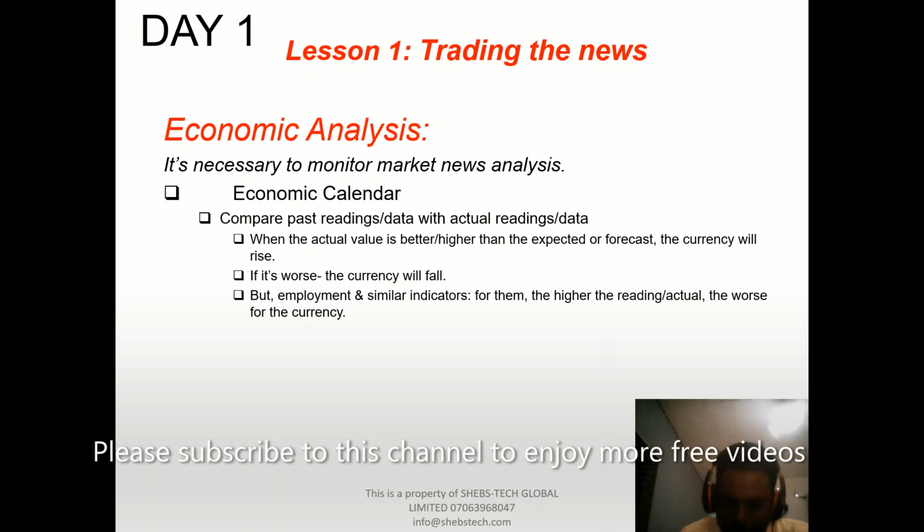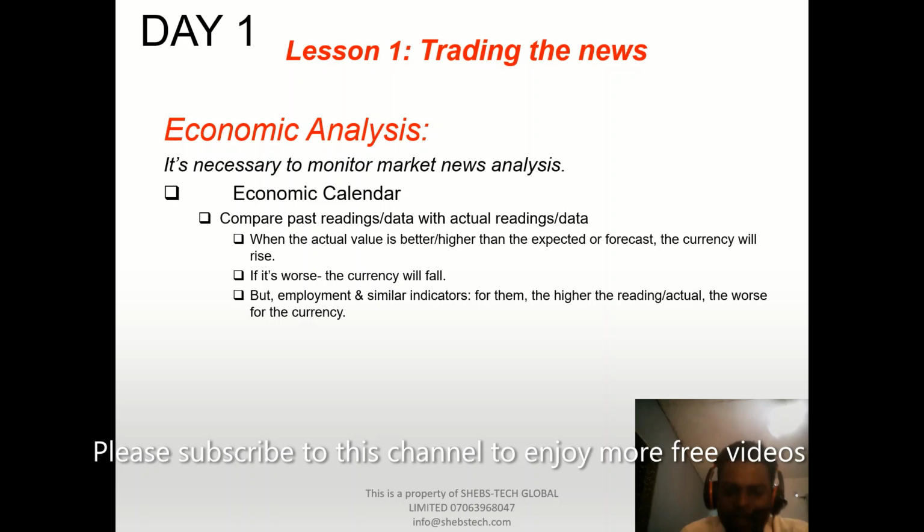So on that particular day and time, you watch when the current data is released. You look out for the actual. If the actual is greater than the forecast, the previous was 50, the forecast was 60, and the actual becomes maybe 70 or 80 or even 65, above the forecast of 60, it means the US dollar will appreciate.